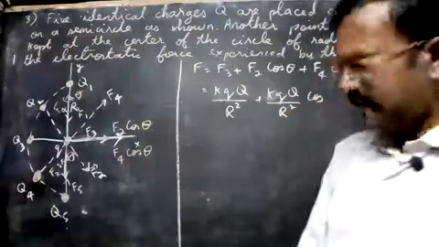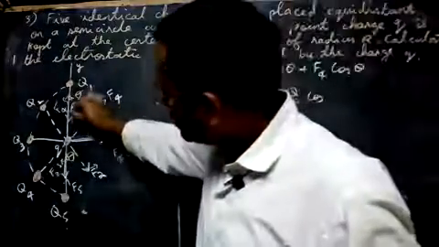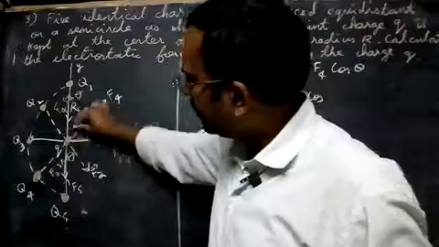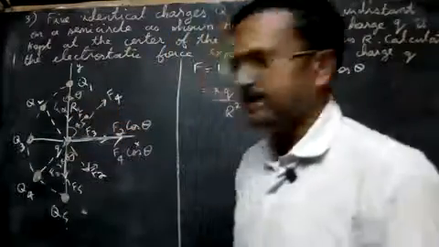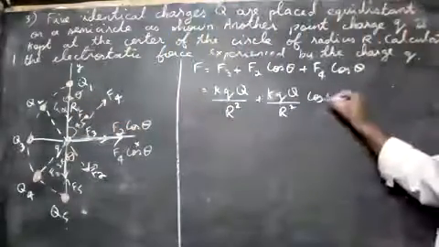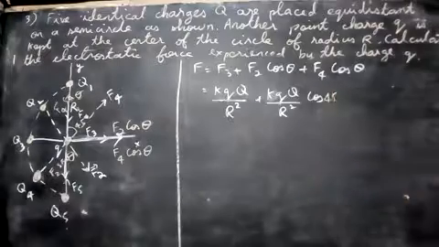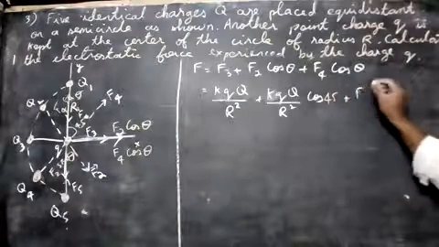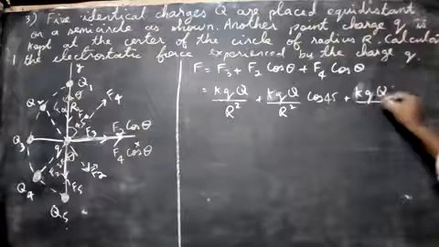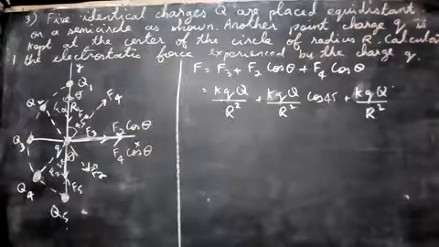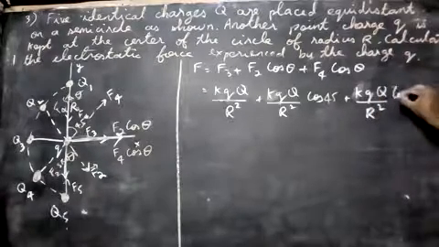Now see the angle here. This is 90 degrees, and taking half of it we get 45 degrees. So cos 45, plus F4, again k q Q by R squared using Coulomb's law, then again cos 45.